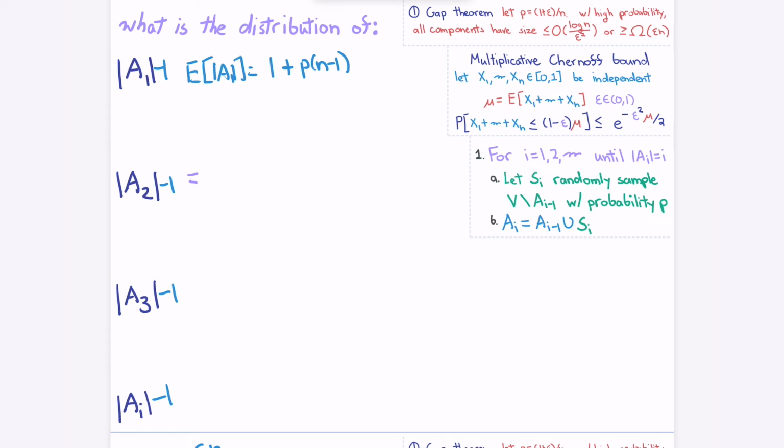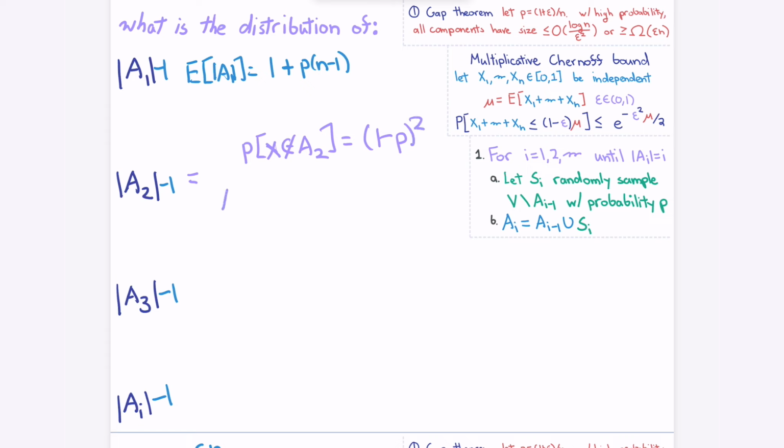So for some other vertex, a non-starting vertex, the probability that it is not in A2: well, you have to flip tails twice, since each round it failed. So you'll get (1 minus p) squared.